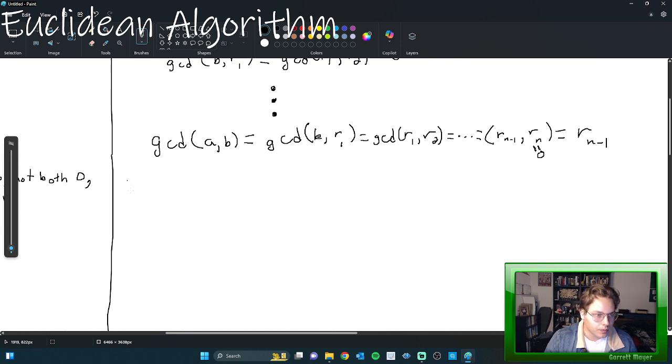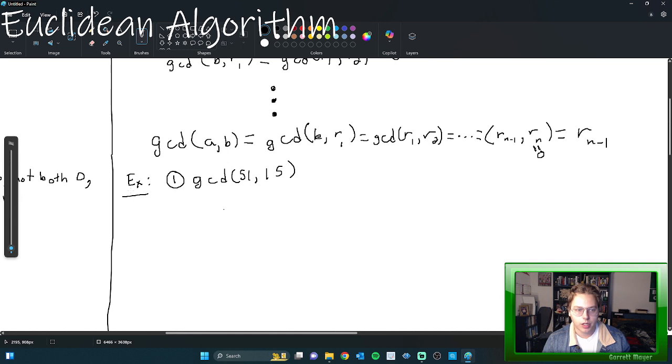So for the first example, we're going to look at the example the book provides, which is GCD of 51 and 15. And then I'm just going to write out the actual division algorithm. If you want to calculate this on your own, you're going to have to go through the long division process.